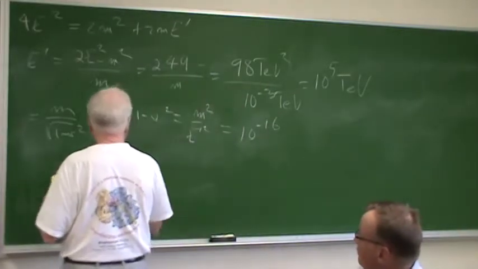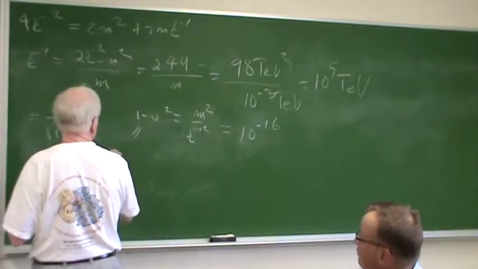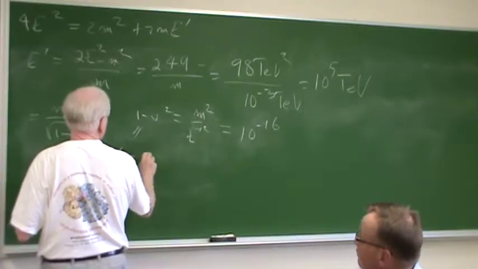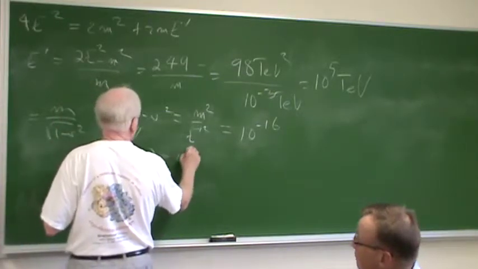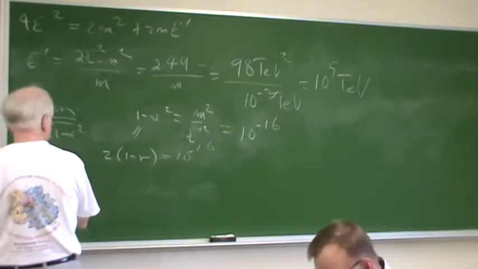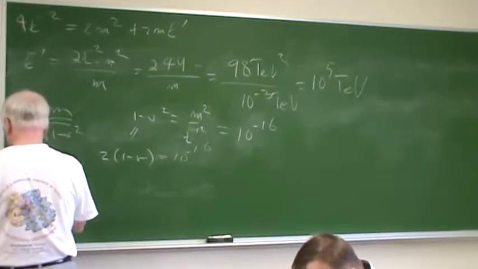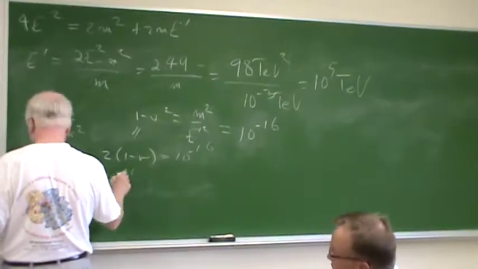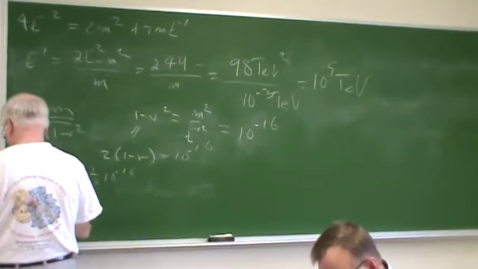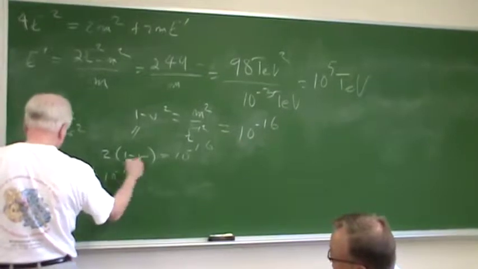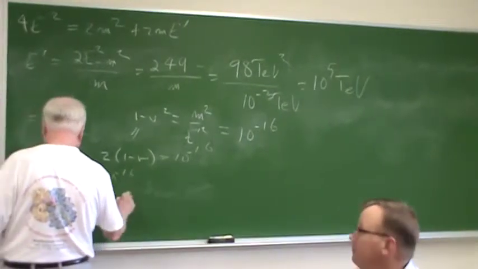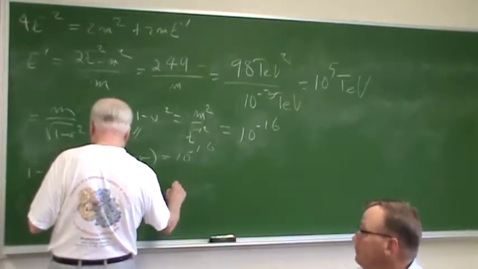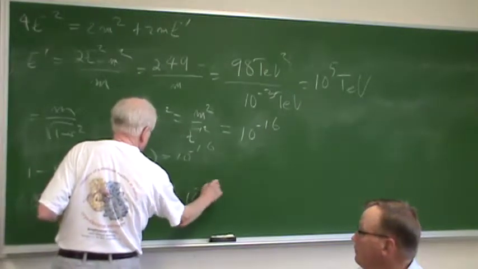And so once again, this is equal to 2 times 1 minus v is 10 to the minus 16, and so 1 minus v over c is then a half 10 to the minus 16, and v over c is, of course, that, and so v is c times 1 minus a half 10 to the minus 16.